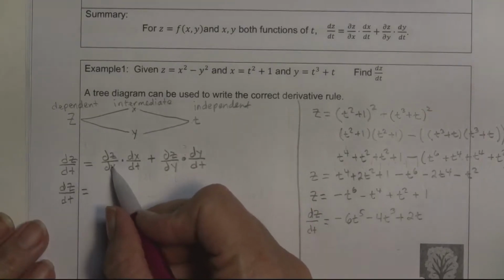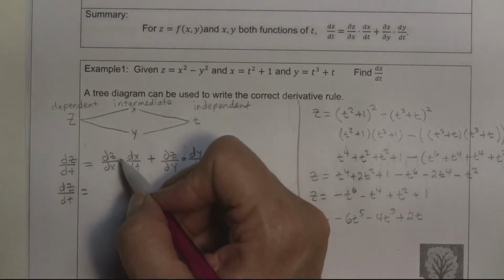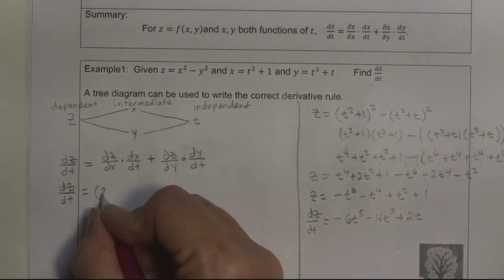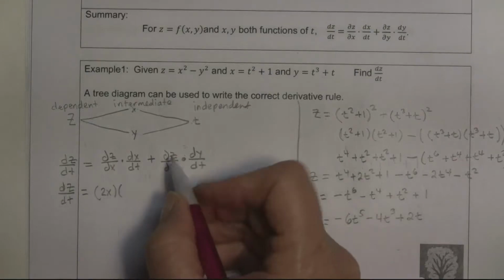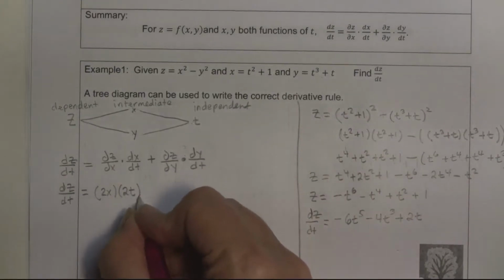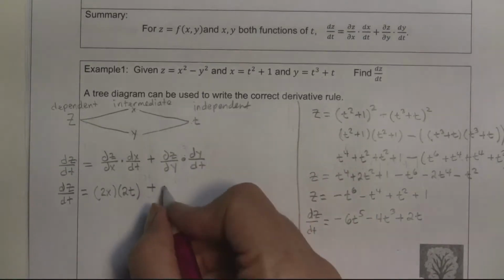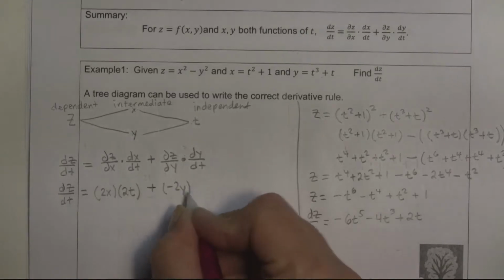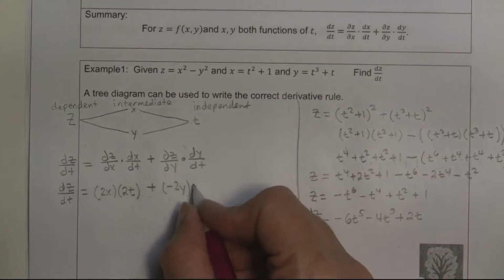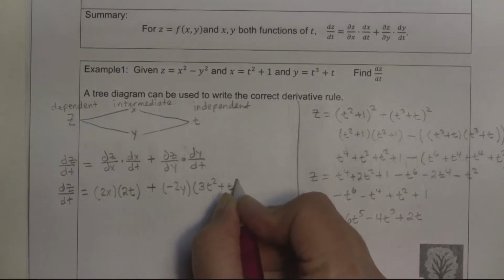The partial of z with respect to x is 2x. dx dt is 2t, plus, and then here we have negative 2y. And then when we do this one, we have 3t squared plus t.